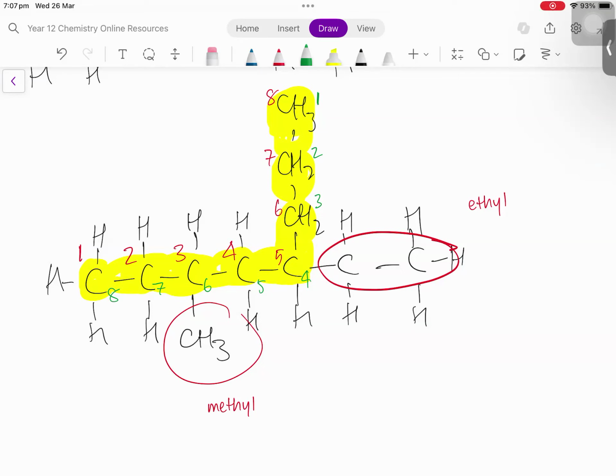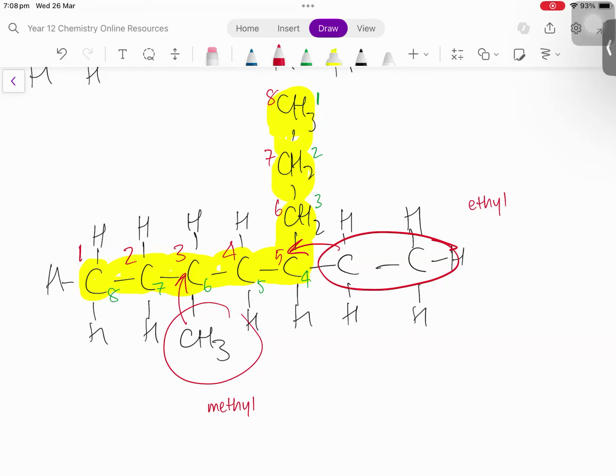So you're looking at which carbons the CH3 and the ethyl are bonded to in the main chain of 8. This CH3 is bonded to this carbon, and this ethyl is bonded to this carbon. Yeah. So if I go about it the red way, my methyl and my ethyl are bonded to carbons 3 and 5 in my chain of 8.